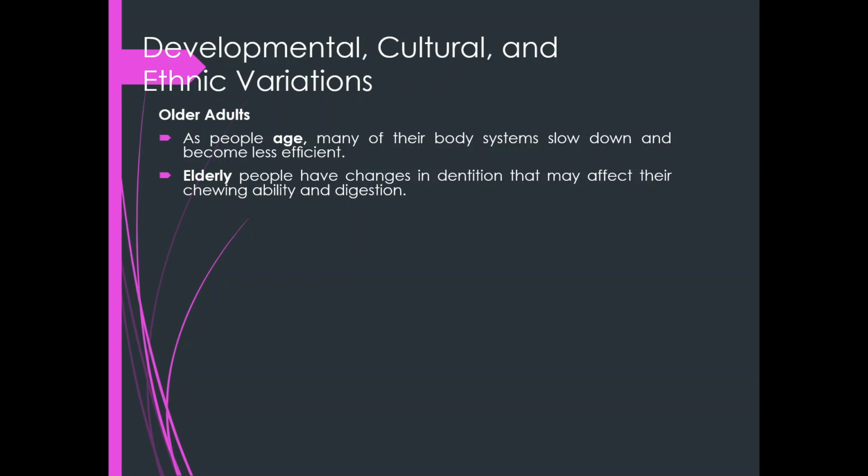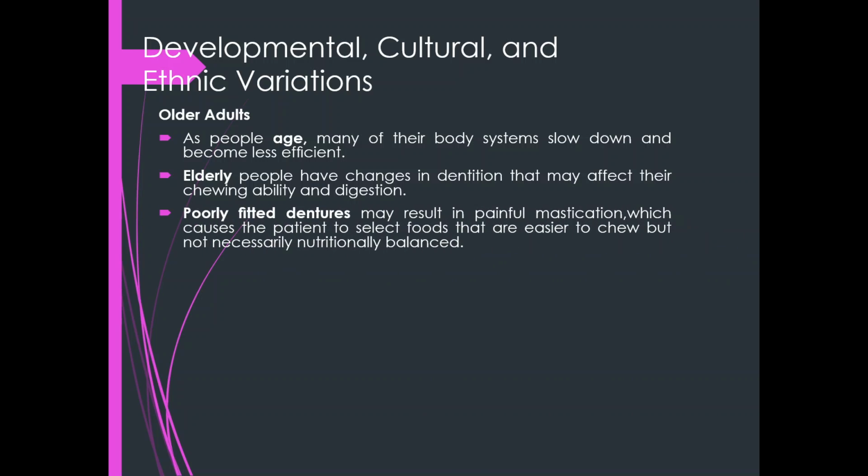There are also dental problems in old age, like poorly fitted dentures. These may result in painful mastication or chewing, which causes the patient to select foods that are easier to chew but not necessarily nutritionally balanced.